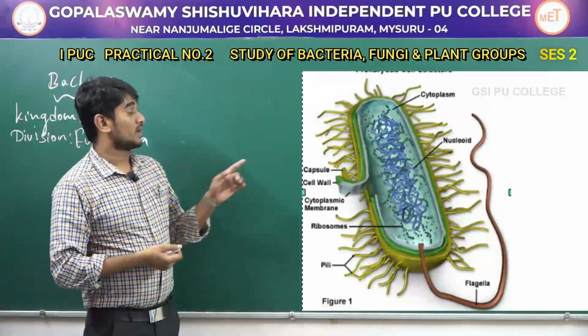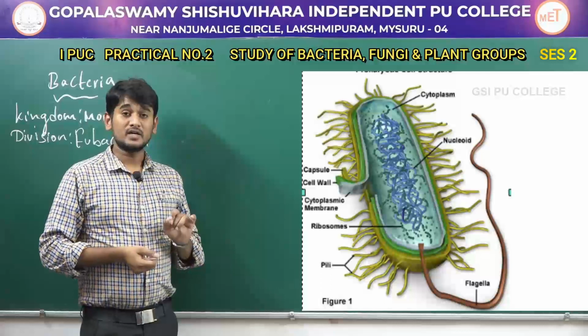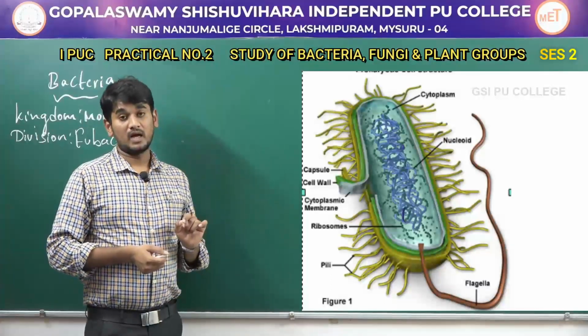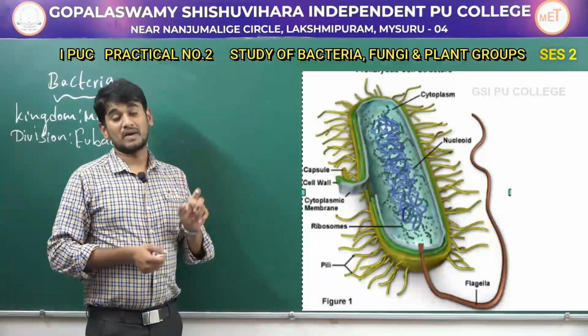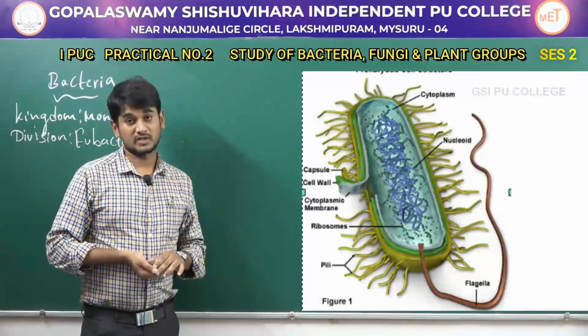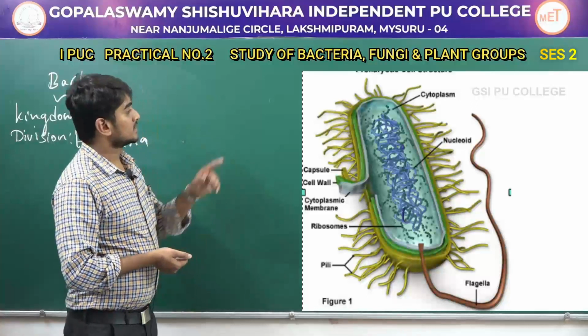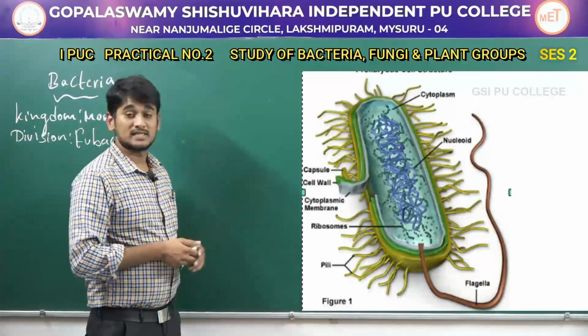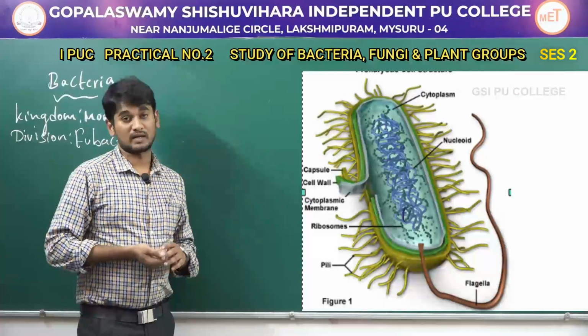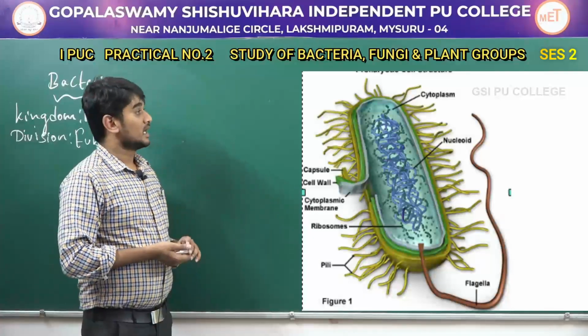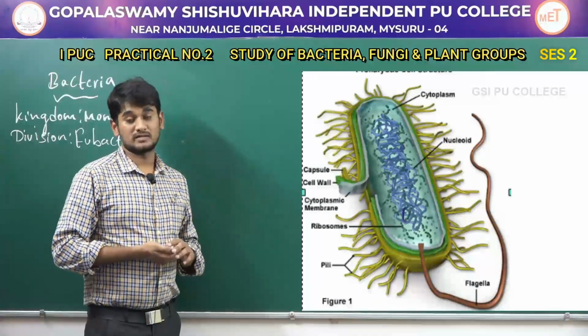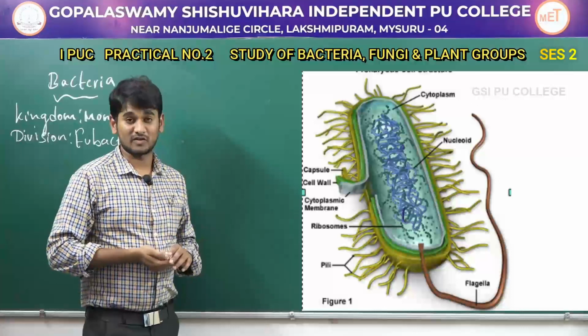The bacteria is unicellular and each bacterium has a cell wall but an absence of membrane bound cell organelles. In the picture you can observe inside the bacterial cells there are no membrane bound organelles, and there is presence of flagella and cilia which serve for movement of bacteria.